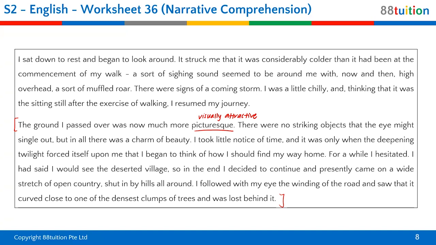I had said I would see the deserted village. So in the end, I decided to continue and presently came on a wide stretch of open country, shut in by hills all around. I followed with my eyes by the winding of the road and saw that it curved close to one of the densest clumps of trees and it was lost behind it.